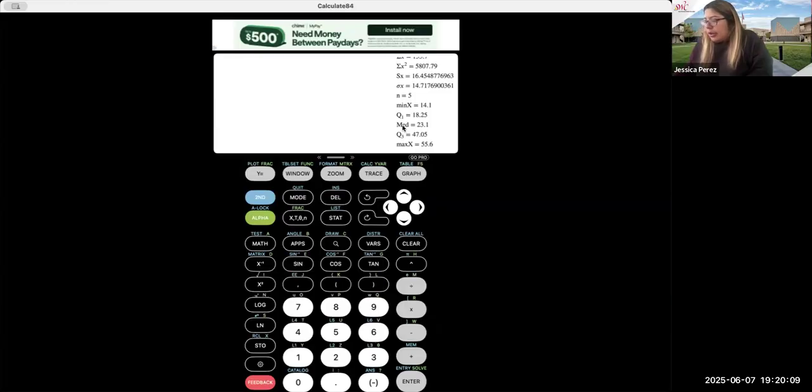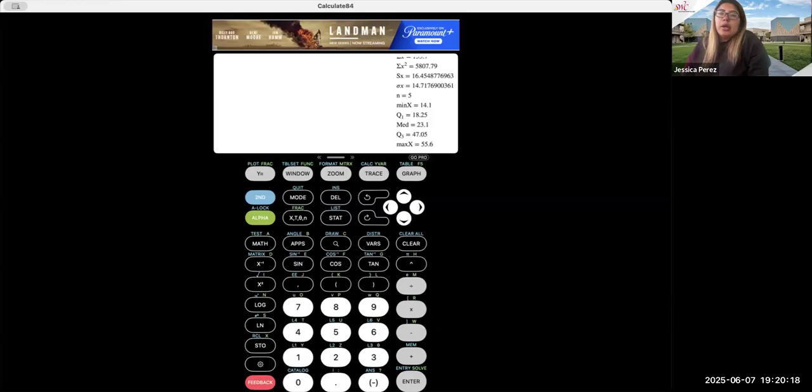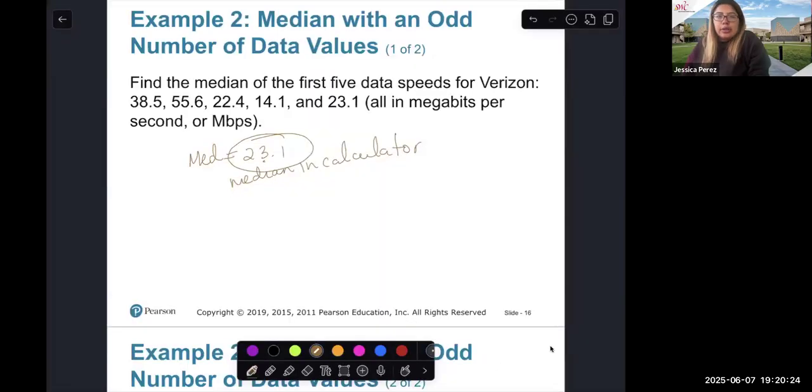So in our calculator, we notice, without having to do any computation and without having to put it in order, that the median of the data is 23.1. So when we go back to our notes, again, we're using our calculator, and we notice that 23.1 was the answer for the median.